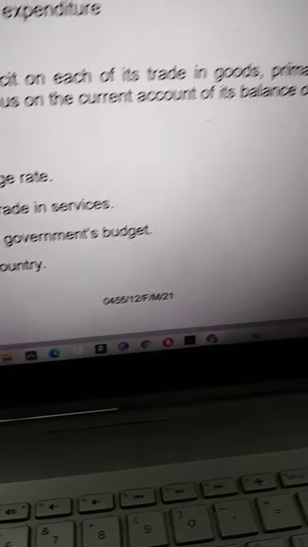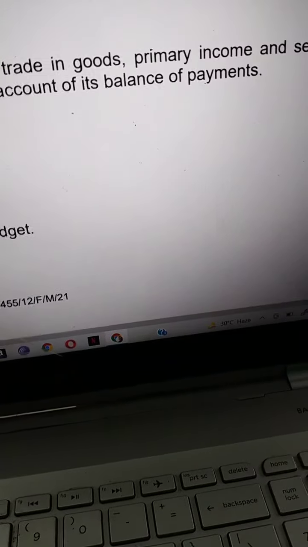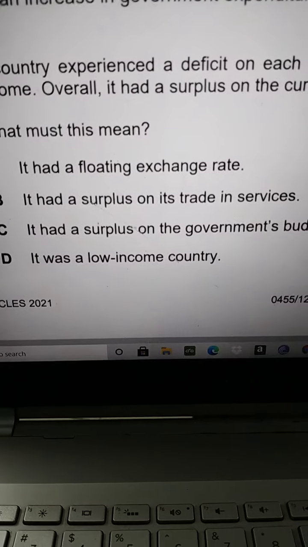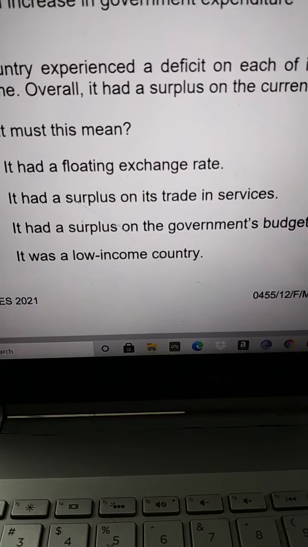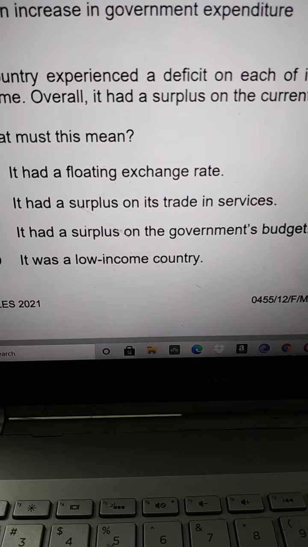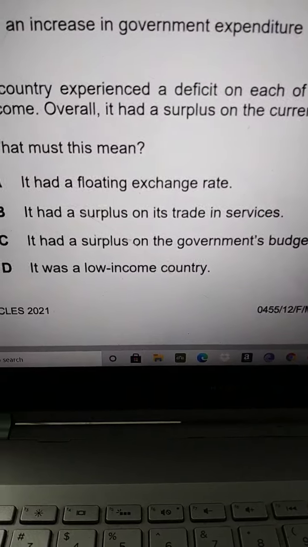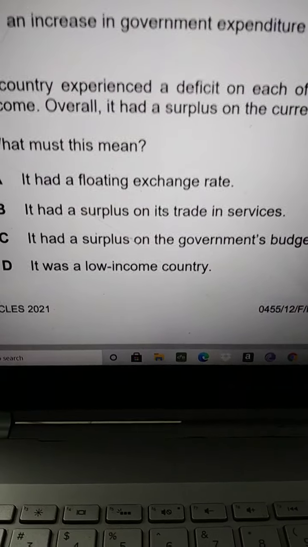A country experienced a deficit on each of its trade in goods, primary income, and secondary income. So they are talking about the current account. Current account has four components. The first one is visible exports and imports.